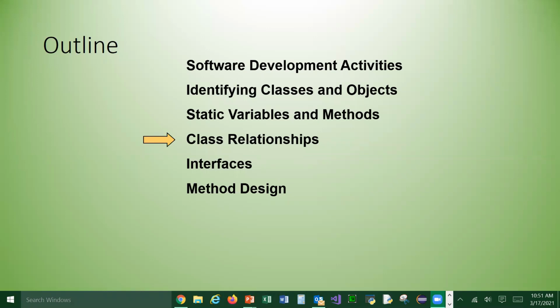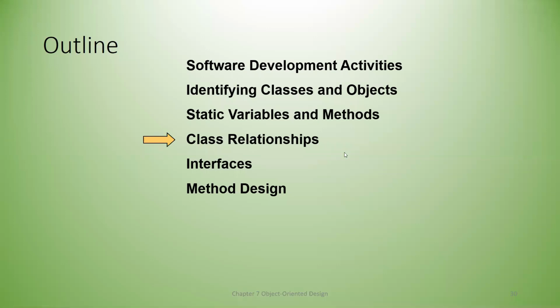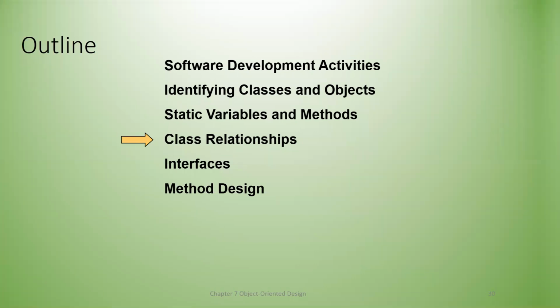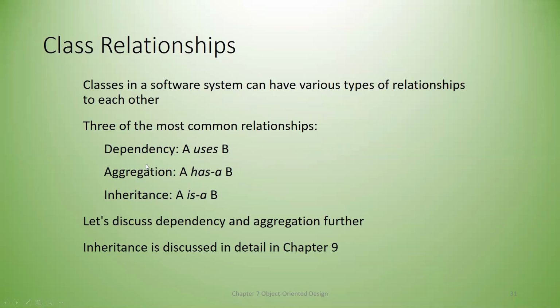So let's look at that. Okay, there are three relationships: dependency, A uses B; aggregation, A has a B; and inheritance, A is a B. And we are not talking about inheritance in this class. We are only talking about those two. So let's look at that.